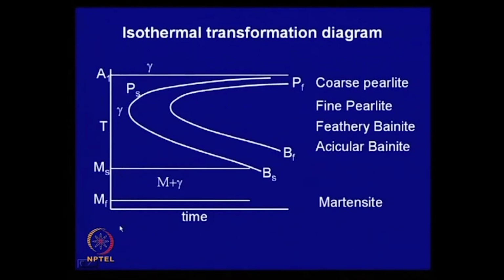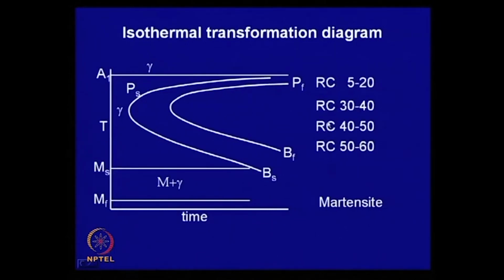That is why, since you are retaining carbon atoms by force in the solid solution, its hardness is very high, almost the maximum hardness that is possible, around 64 RC if it is 100% martensite. So, here you have the martensitic structure and coarse pearlite, which is the softest structure.